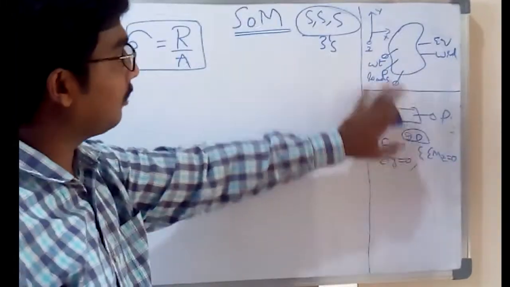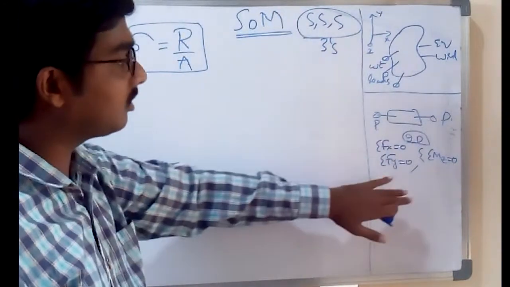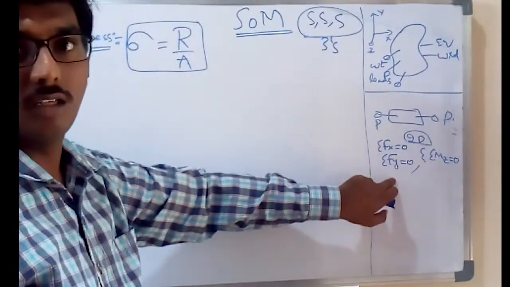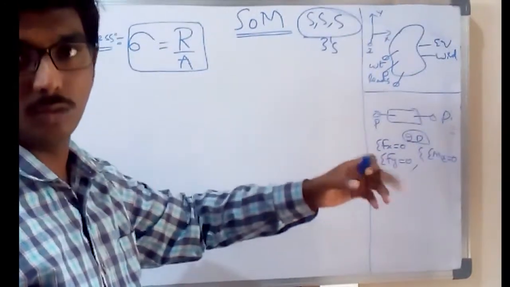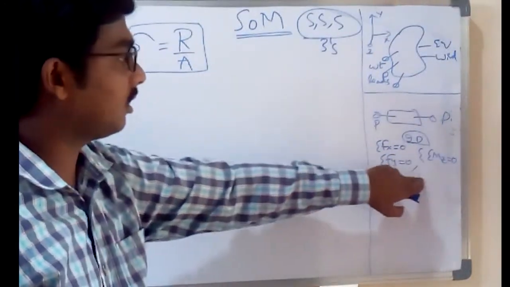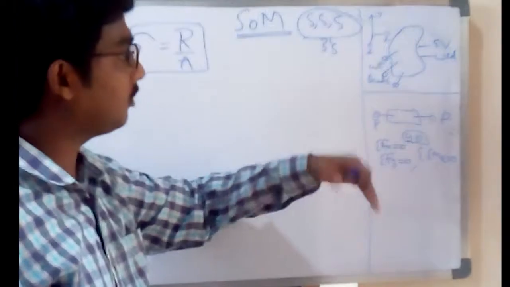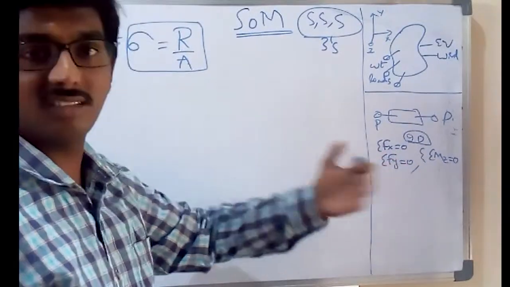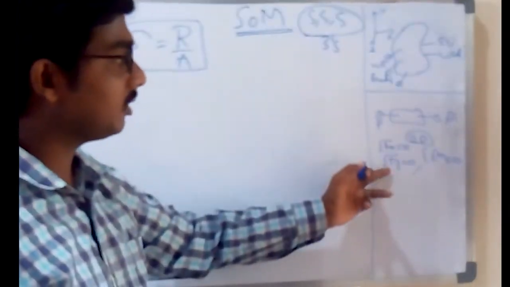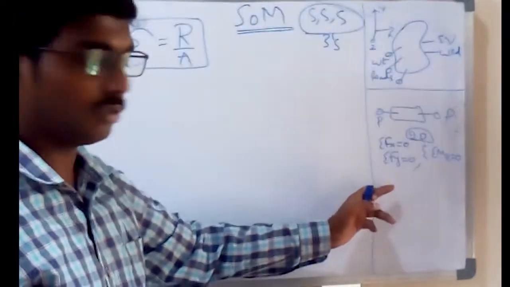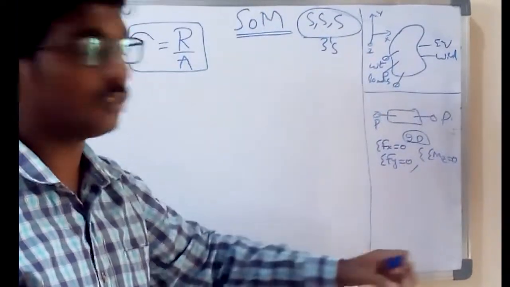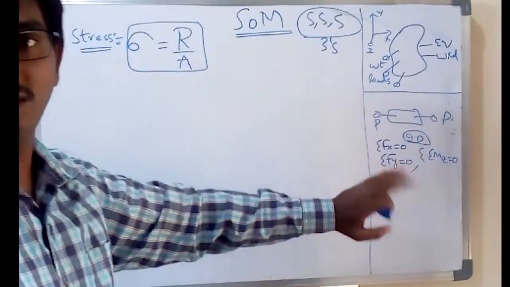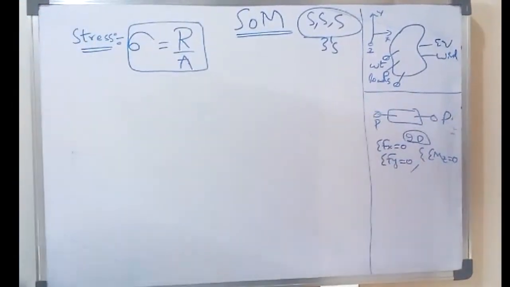In 2D, meaning only the xy plane, these three equations are required to maintain the structure in equilibrium. For 3D, we use six equations: sigma Fx equal to 0, sigma Fy equal to 0, sigma Fz equal to 0, sigma Mx equal to 0, sigma My equal to 0, sigma Mz equal to 0. That is for a 3D or space frame; the earlier three are for a plane frame.